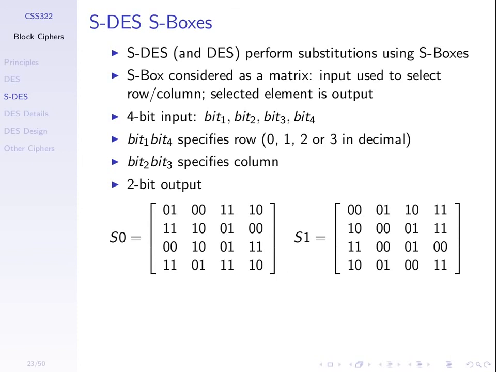So 0, 1, 2, 3 in decimal. So row 0, or in binary, 00, 01, 10, 11. And column 0, 1, 2, 3. Bits 1 and 4 specify the row, 2 and 3 specify the column. So what's the output?